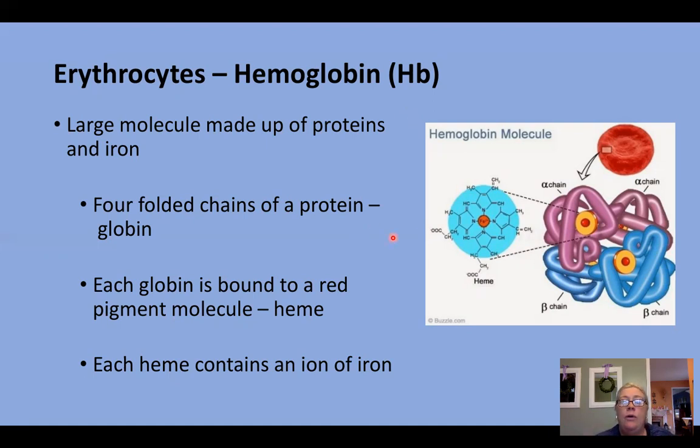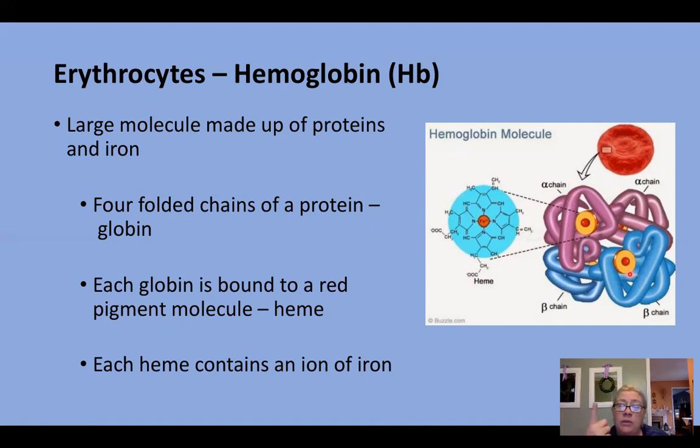And here we have 4 chains of proteins, and these proteins are globulins. We have 2 what are referred to as alpha chains and 2 beta chains. What is important about these 4 chains is that each of these globulin chains is going to bind to its own pigment molecule, and that pigment molecule that we talked about before is called a heme.